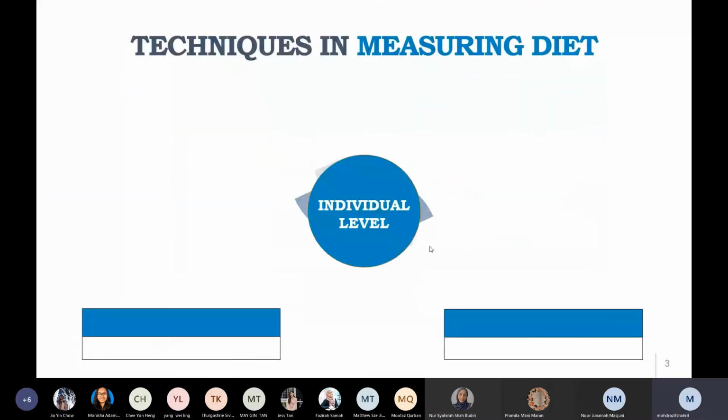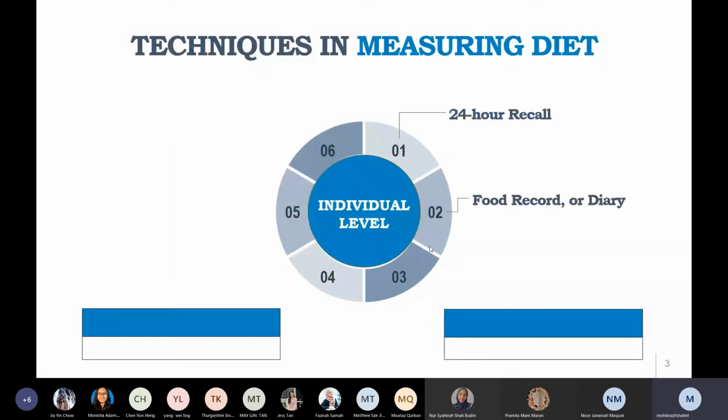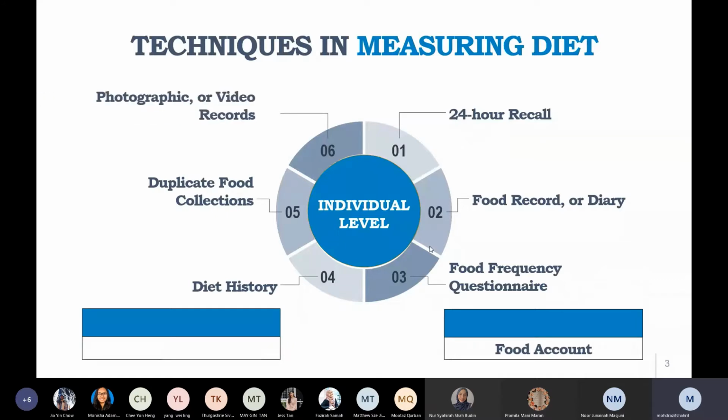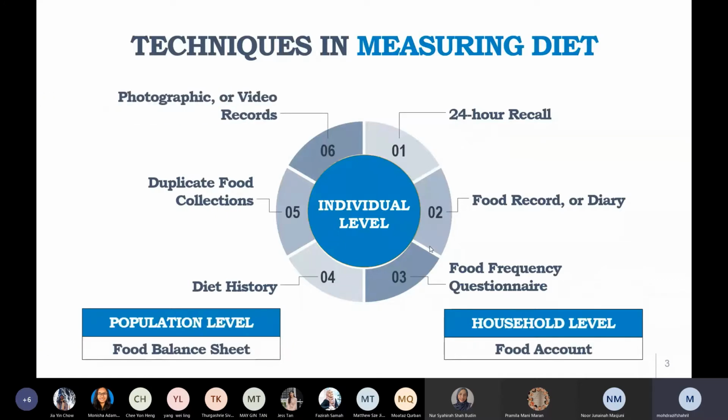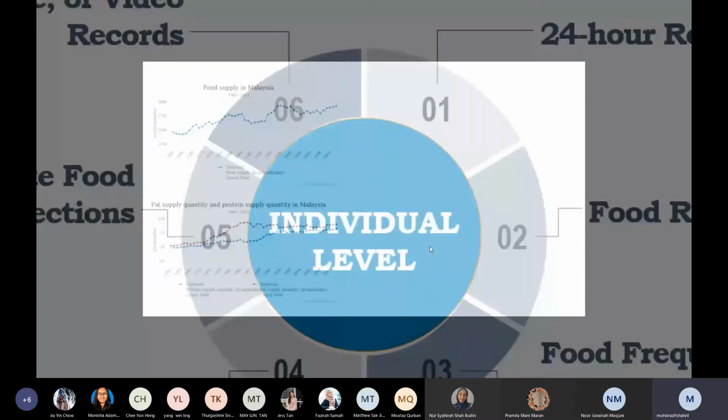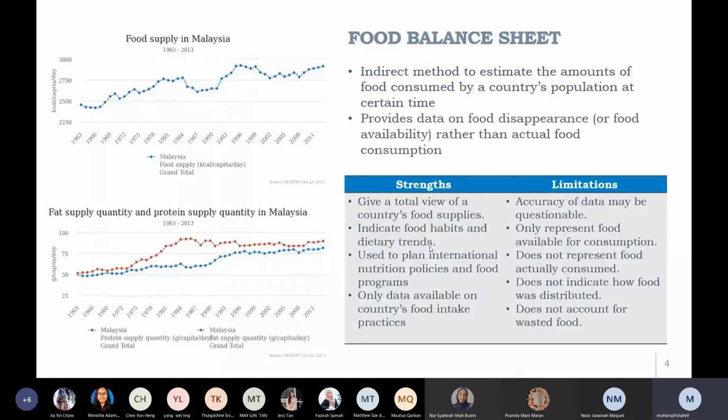So you have seen this figure just now. This is showing all the techniques in measuring diet at population level, household level, and also individual level. So let's go to the first level, which is the population level.